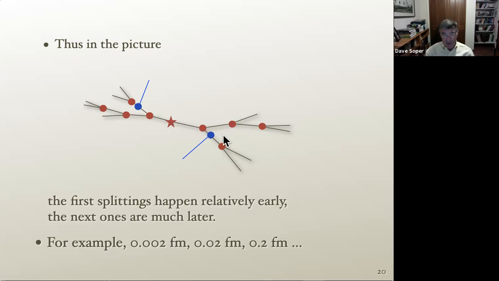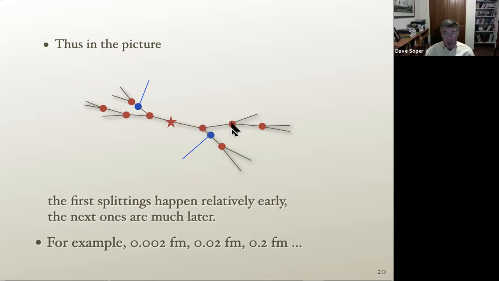Suppose this is a jet going more or less in the plus direction. Then the separation in x plus, in position, is big between the initial and the final end of the propagator. Pretty big compared to inverse 1 TeV, which is a very short scale for the hard interaction.